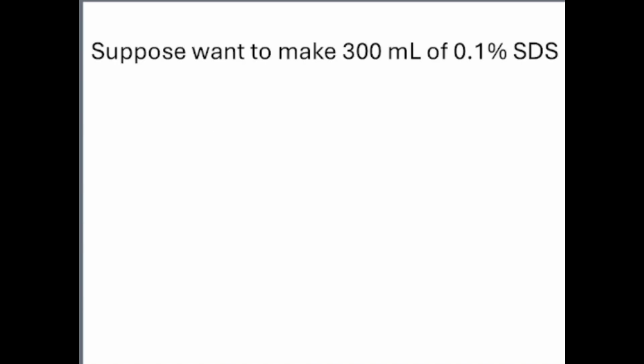But let's suppose that you want to make 300 mils of 0.1% SDS. So now what would you do? Well, now we still have the same question. How much SDS should you weigh out? Well, we can solve this, again, using our same logic. We know that a 0.1% solution is 0.1 grams of SDS in 100 mils of volume.